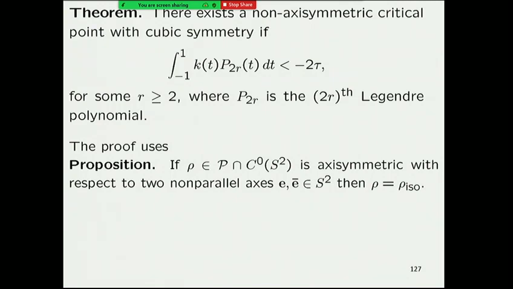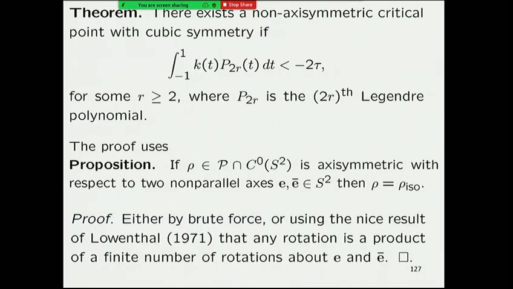Okay, so you can either do this by brute force, which is quite unpleasant actually, or there's a very nice result of Lowenthal, which says that, given E and E bar which are non-parallel, any rotation is a product of a finite number of rotations about E and E bar.